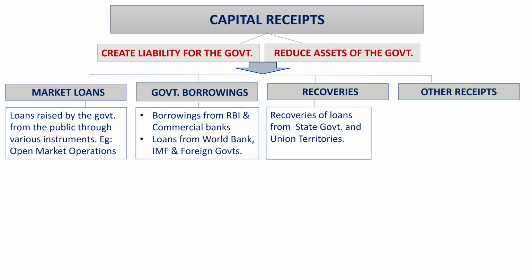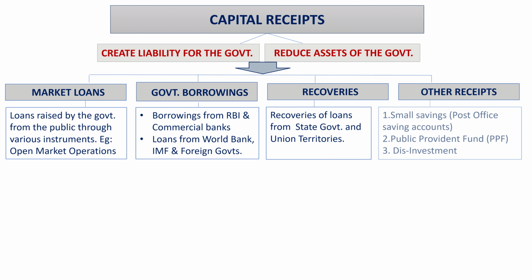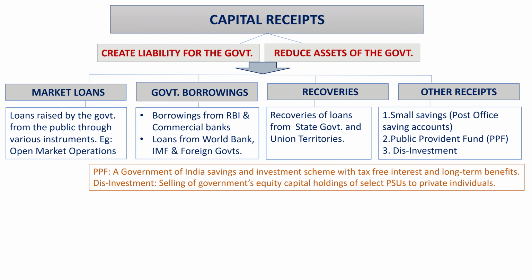Recoveries of loans from state government and union territories. So the central government gives loans to state governments and union territories, and when the state governments and union territories return the loans to the central government, then those are called recoveries. Other receipts include small savings in the post office saving accounts, Public Provident Fund PPF, which is a Government of India savings and investment scheme with tax-free interest and long-term benefits.